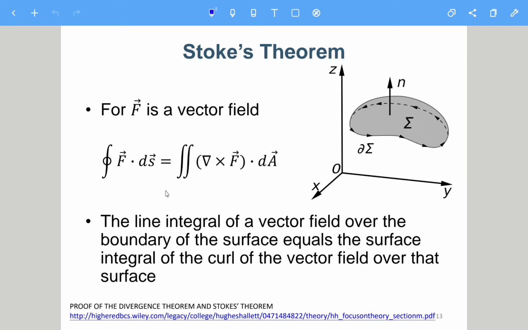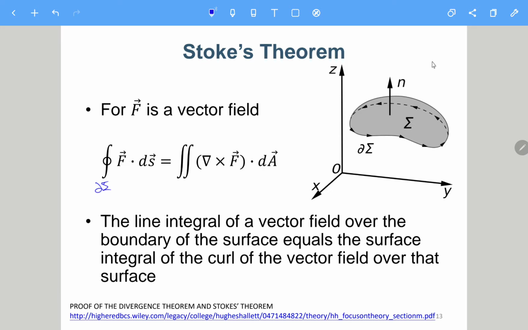Okay, so here we can see this is a closed boundary, or you can regard it as a closed loop denoted by this round sigma. This line integral is evaluated over this closed loop, or the round sigma.